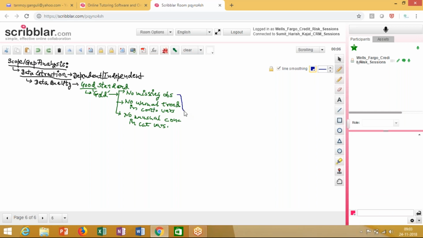So what we need to do is, for each of these cases, perform a trend analysis, and check whether there are any challenges or any kind of abnormal behavior which comes up in this case.